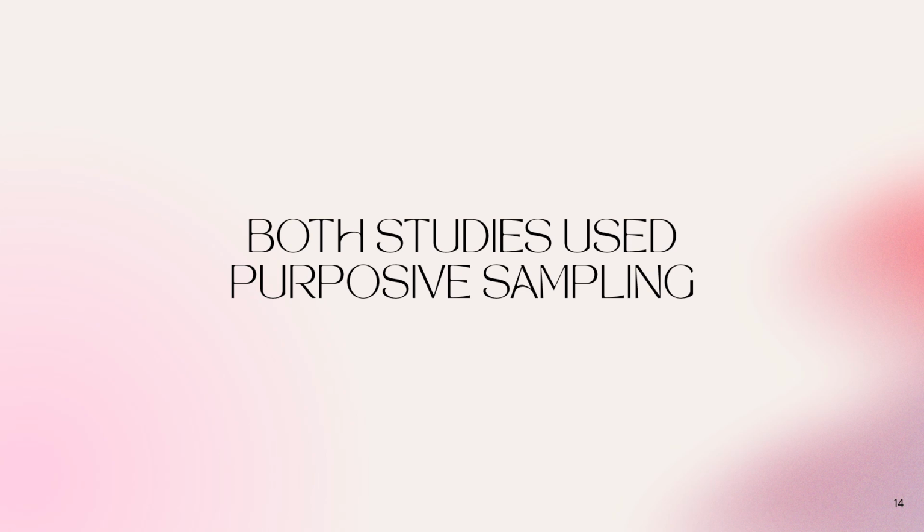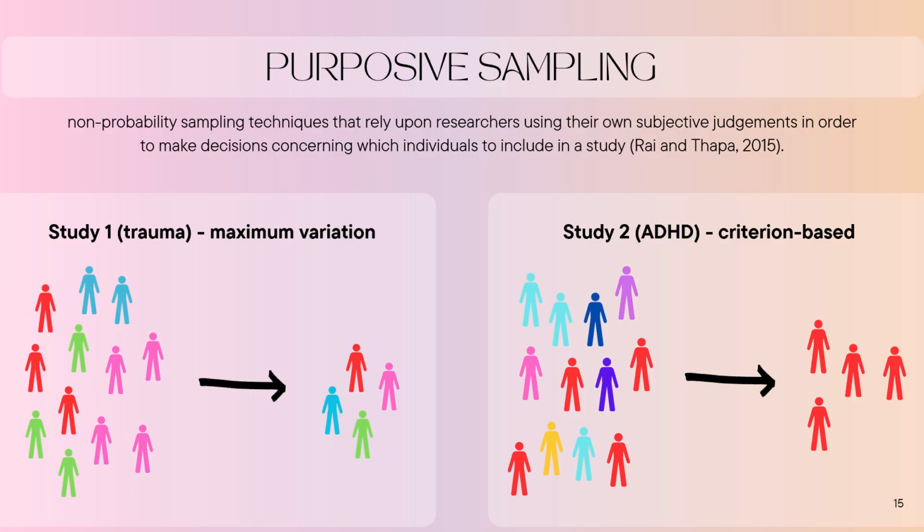Both studies used purposive sampling, but with different approaches. In study 1, the researchers used maximum variation sampling, selecting participants with diverse characteristics, like differences in teaching experience, school background, etc. And they wanted to do this to capture a broad range of perspectives. So here's an example.